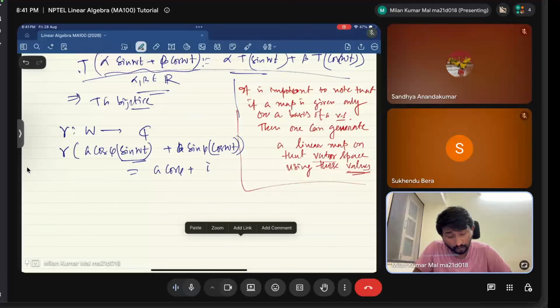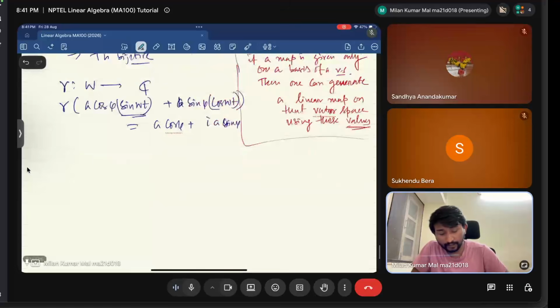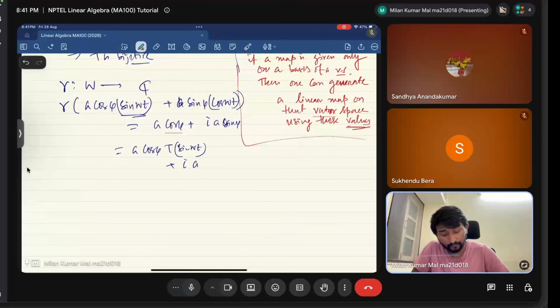Okay, let me write this: i of A sin phi. So that is nothing but A cos phi T of sin wt, because that is 1, plus i A sin phi times T of cos wt.